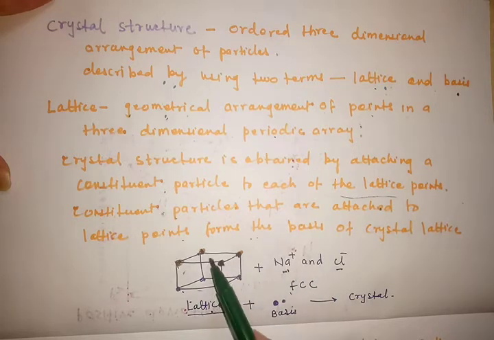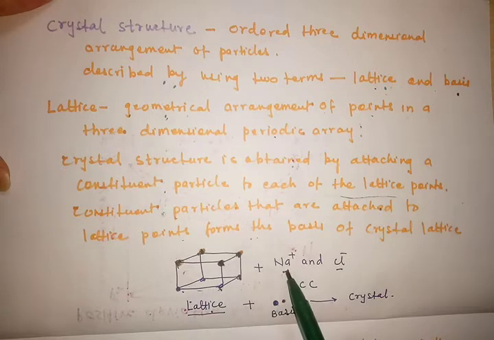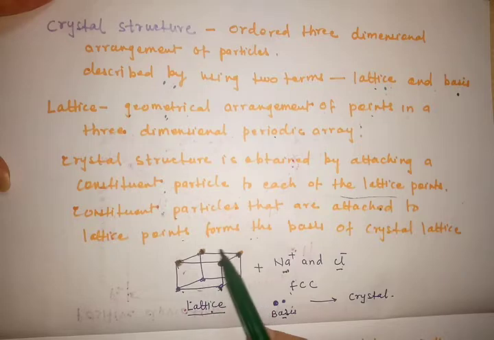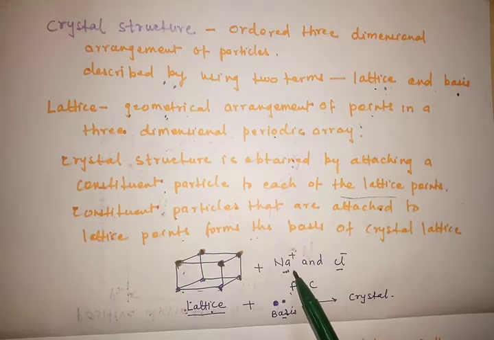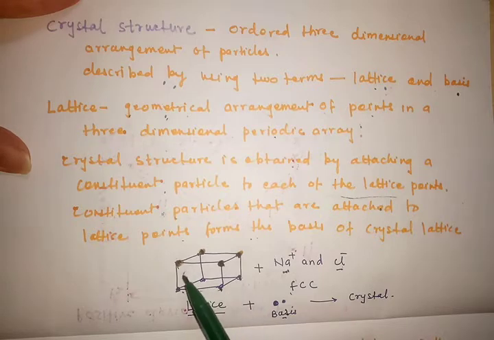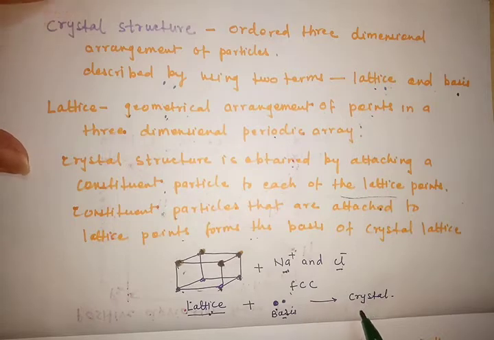This structure is called a lattice, and these sodium and chloride ions arranged in fixed positions can be called a basis. In short, the constituent particle is called a basis, and the fixed pattern in which they are arranged is called a lattice. So lattice plus basis will form a crystal.